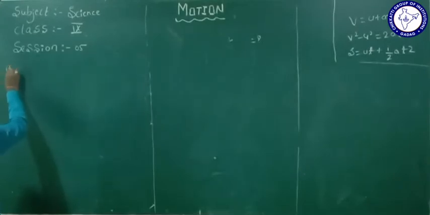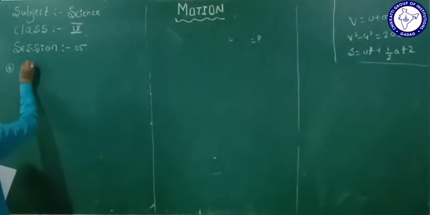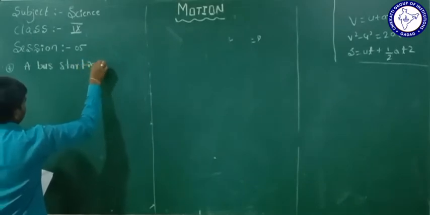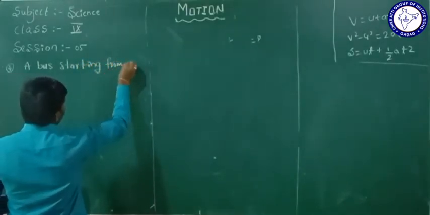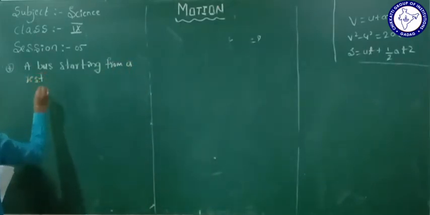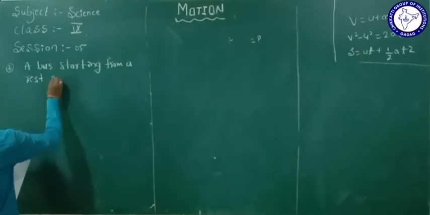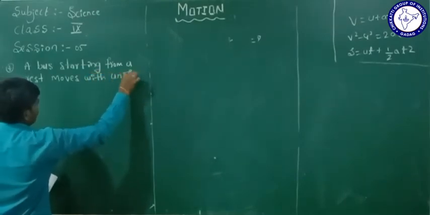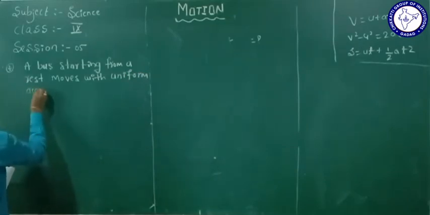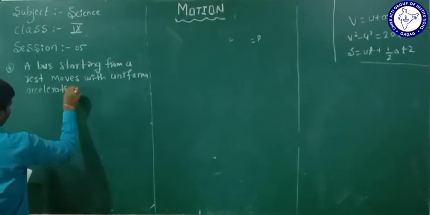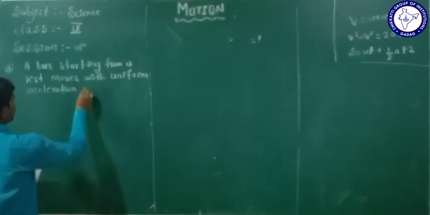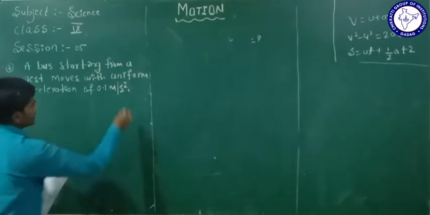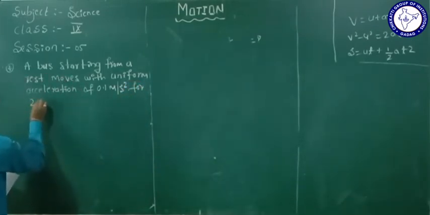Fourth one. A bus starting from a rest moves with uniform acceleration of 0.1 meter per second square for 2 minutes.